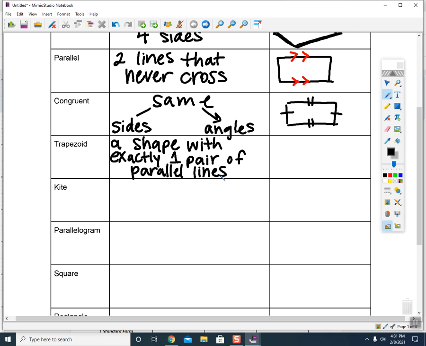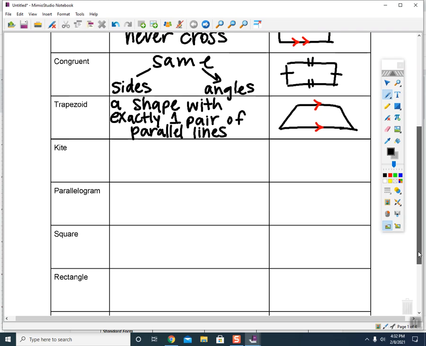This is the kind of figure that we'll see most of the time when we're talking about a trapezoid. It's going to look like this. Let's use a different color to have it stand out a little bit. This is parallel to that, right? I have one pair of parallel lines. That is a trapezoid.